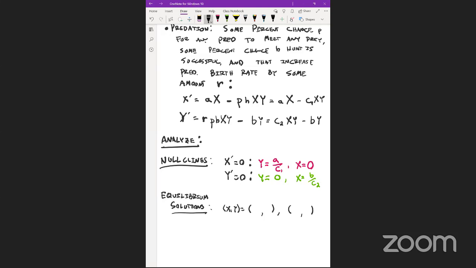Yes, that's correct, 0, 0 is going to be one of them. If 0, 0 was not an equilibrium solution, we should be very suspicious of our equations, at least in a population model case.